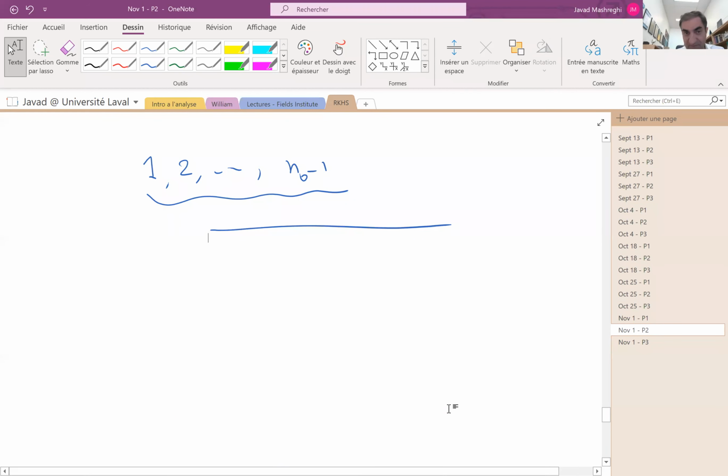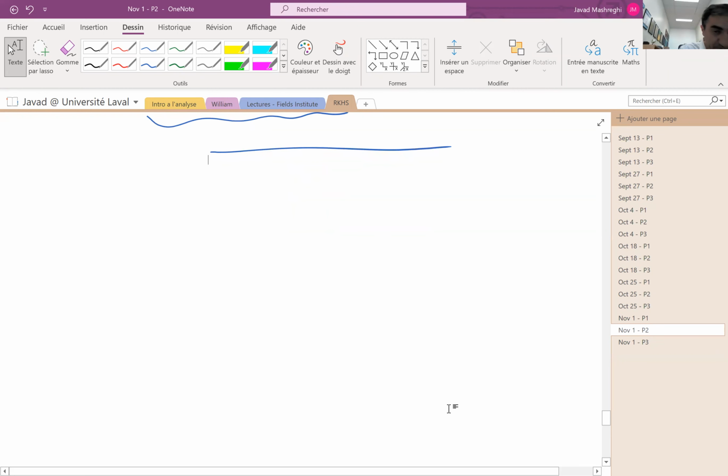So for this, we have a proposition to make us ready for this type of convergence. Proposition.